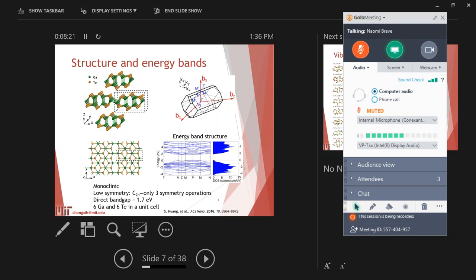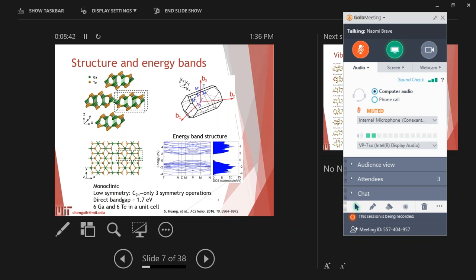And also, if we look at the unit cell here, we can see there are 6 gallium atoms and 6 tellurium atoms in a unit cell, so in total 12 atoms. This makes its structure a little bit more complicated. This is the first Brillouin zone of gallium telluride.